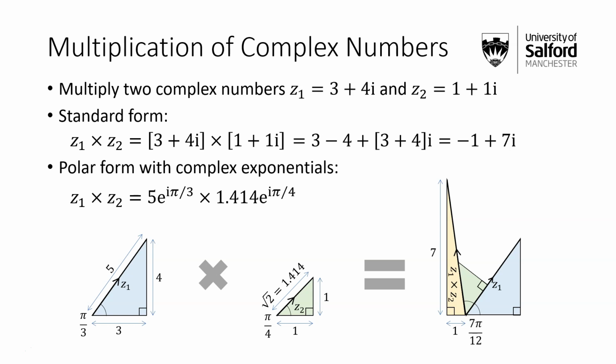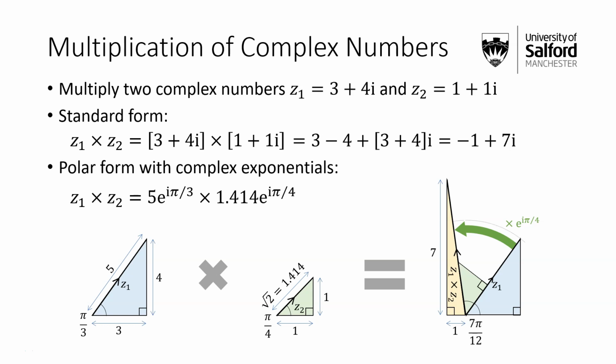If you're thinking of this second triangle operating on the first one, then what you can see is it's caused a 45 degree rotation. So e to the i pi over 4 is giving you a 45 degree rotation to rotate that first vector Z1 round into the product of the two. Second, look at the scaling out the front, where the magnitudes have been multiplied.